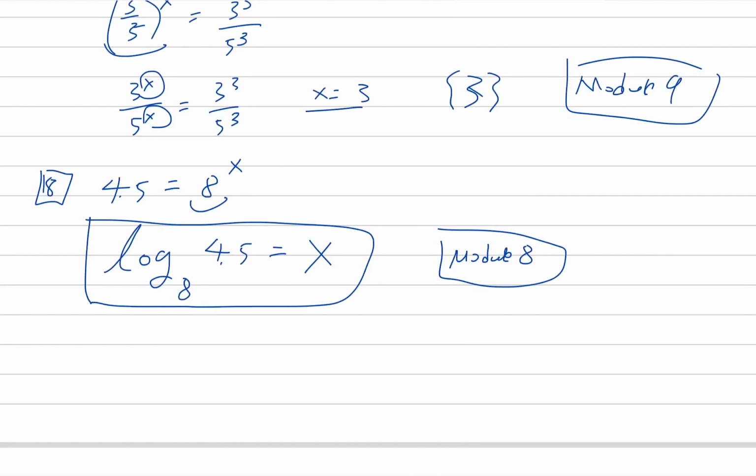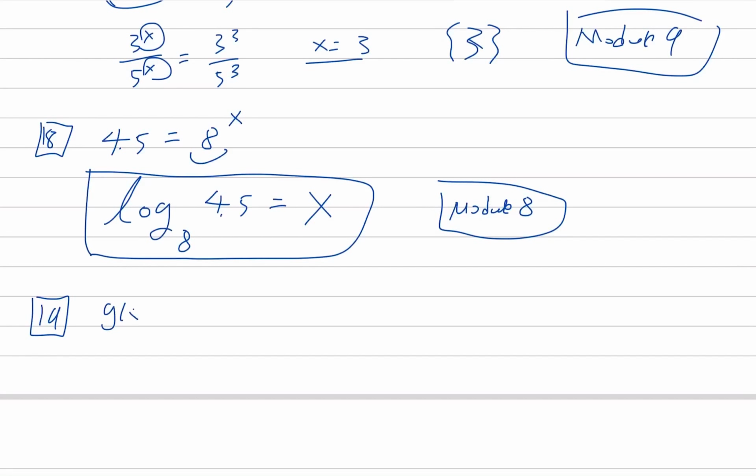Okay. 19 says find the domain of the log function. Well, what I have is g of x equals, oops, sorry, I actually have 6. Well, not that it matters for this problem, but log base 2 of x over 7 minus 3. So this is asking us to find the domain. When we find the domain of a log function, we know that the inside of the log cannot be 0 nor negative.